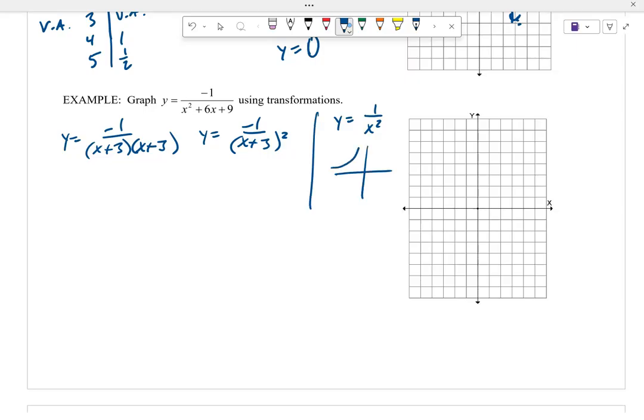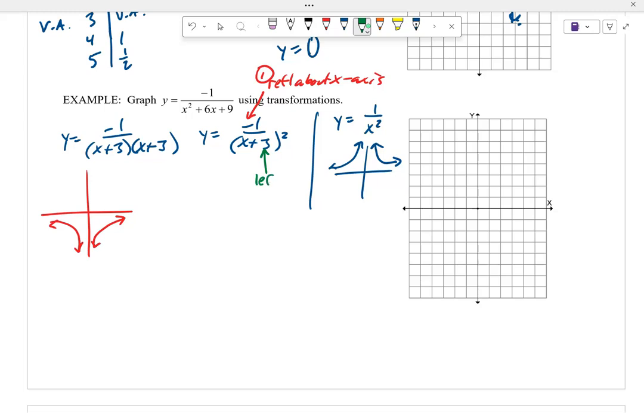If you remember, the 1 over x squared looks like that, except the negative out front would reflect it about the x-axis. So that would look like this, and then it would go left 3.